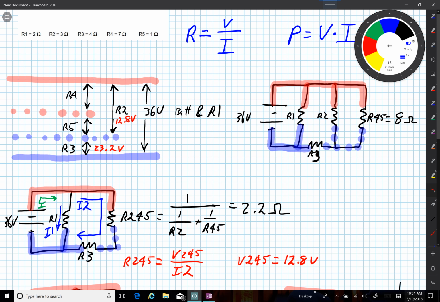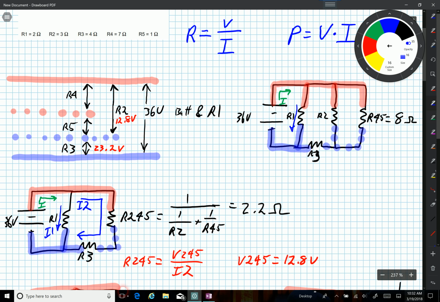Now we go back to the next diagram. So what we have is this. We have I coming out of the battery. We have I1 coming down through there. We have I2 going here.